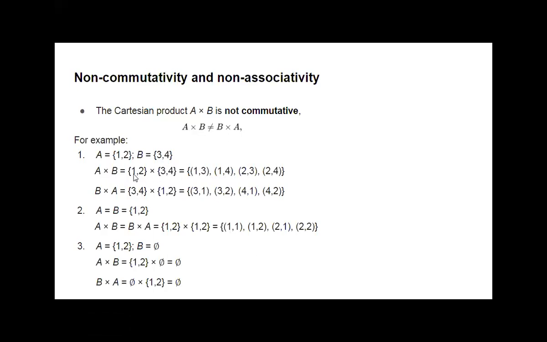Here we are taking set 1, 2 cross 3, 4. 1, 3 will be the first element, then 1, 4 will be the second element. 1 is from set A and 3 is from set B. Again here 1 is from set A, 4 is from set B. Then 2, 3, where 2 is from set A, 3 is from set B. And 2, 4 will be the last element, where 2 is from set A, 4 is from set B. Cartesian product कसा घेतात कळालं का सगळ्यांना?